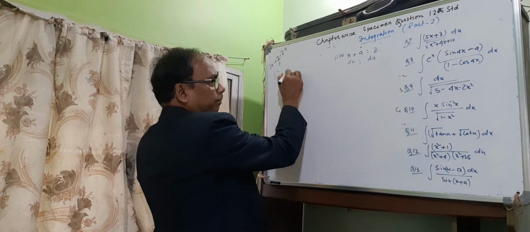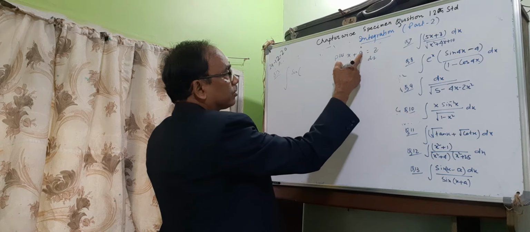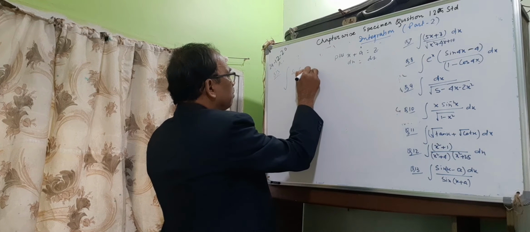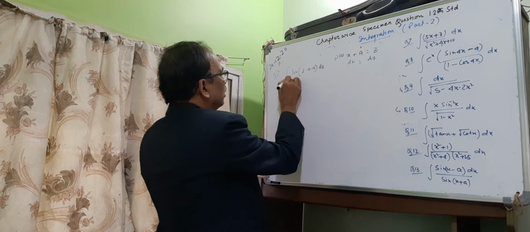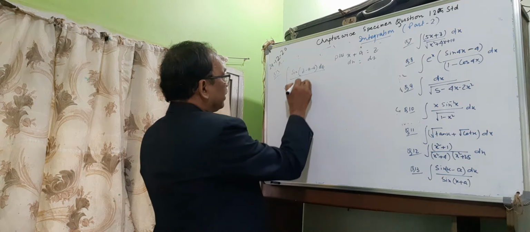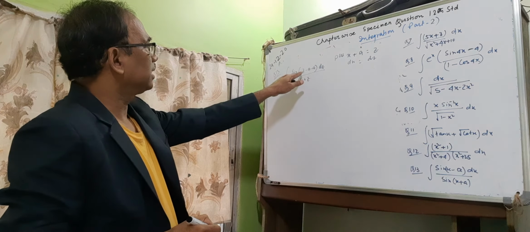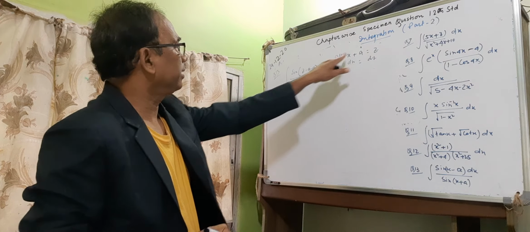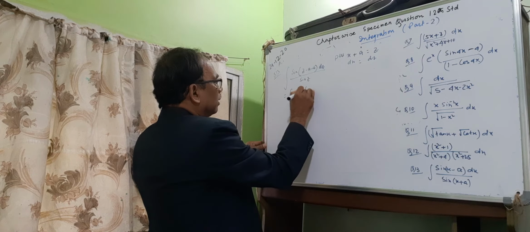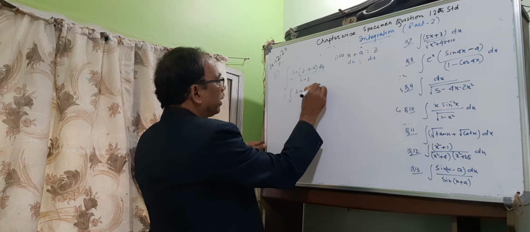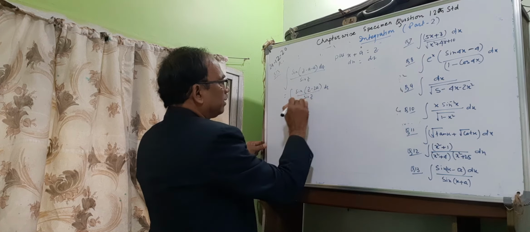The integration of sin of (x minus a): the value of x is z minus a, so z minus a minus a, and dx is dz by sin z. Then we can write this as sin of (z minus 2a) by sin z dz.